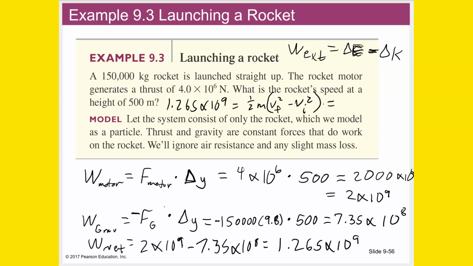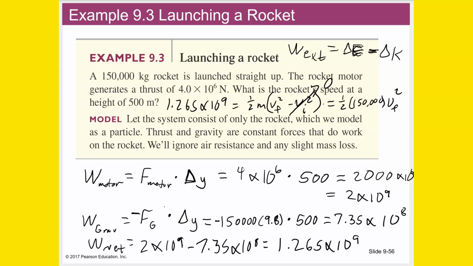And so this is equal to 1/2 times 150,000 times, and VI, because it starts at rest, is 0. So VF squared, and I can just solve for V.